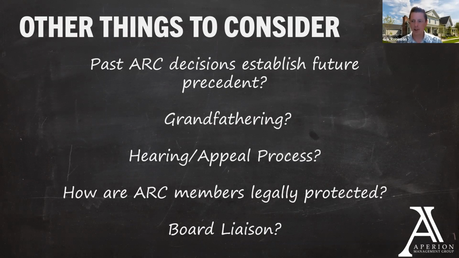The D&O insurance will kick in, and the association will utilize the insurance-appointed attorney to go through that legal process. Individual committee members won't have to hire their own attorneys. They won't be financially at risk for the decisions that they make. ARC members are legally protected under that D&O insurance.